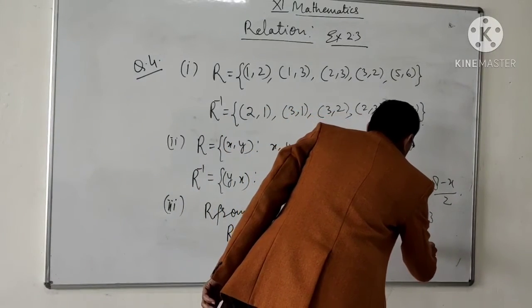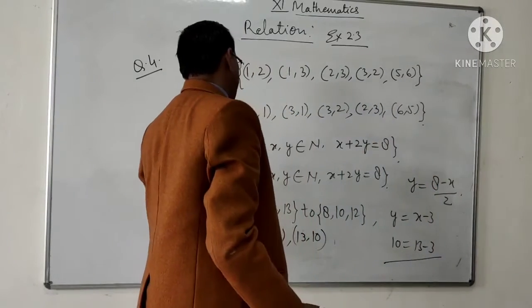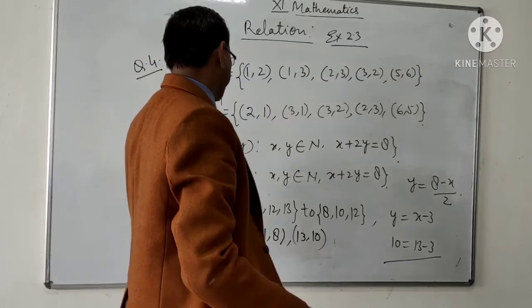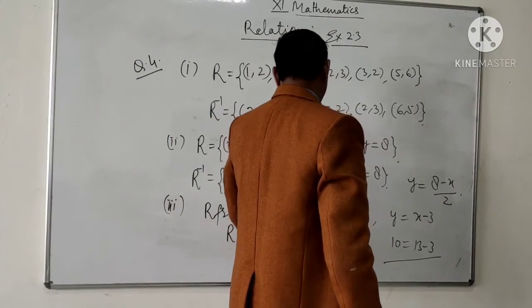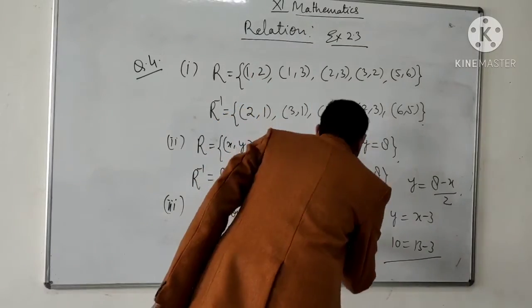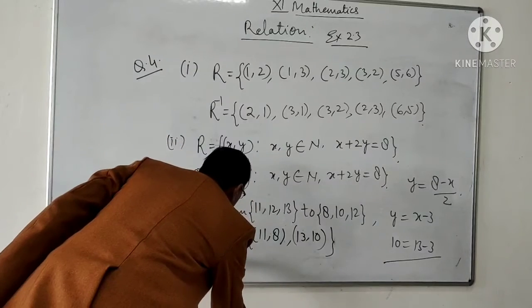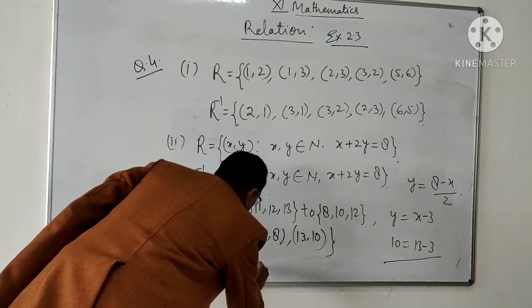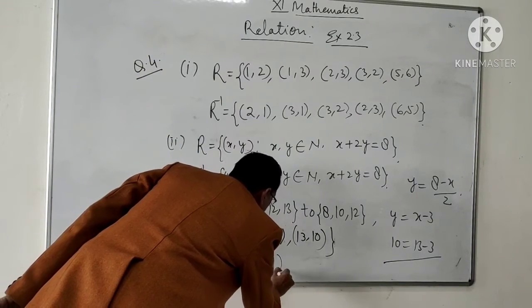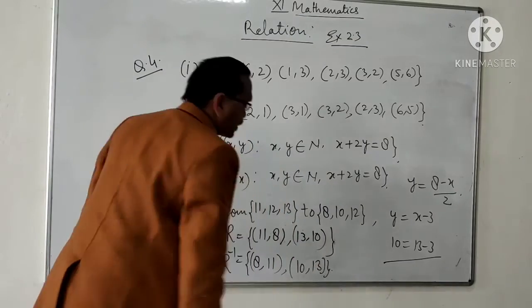It is 13 minus 3 equal to 10. So this ordered pair is correct. 11 comma 8 and 13 comma 10. These are only two ordered pairs. So relation R inverse equal to 8, 11, 10, 13. Simple logic.